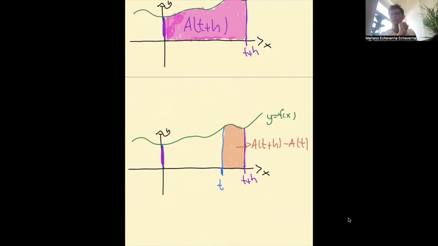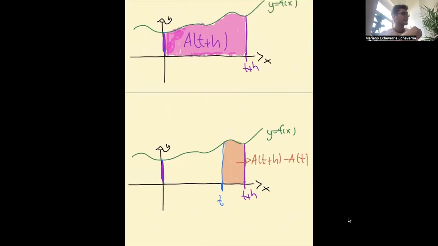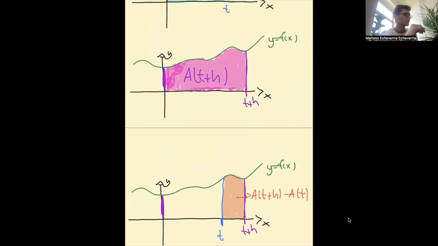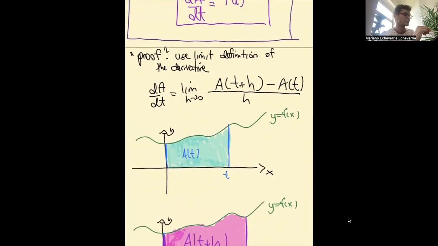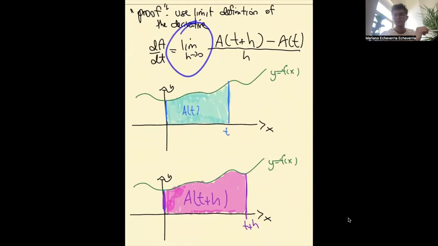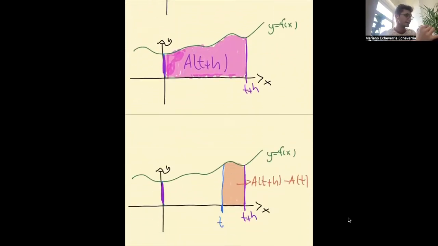Now the idea is, remember the philosophy of a limit. We're interested in this quantity, this area, as h approaches 0. So what does it mean for h to approach 0? It means that the distance between these two edges is really, really small.